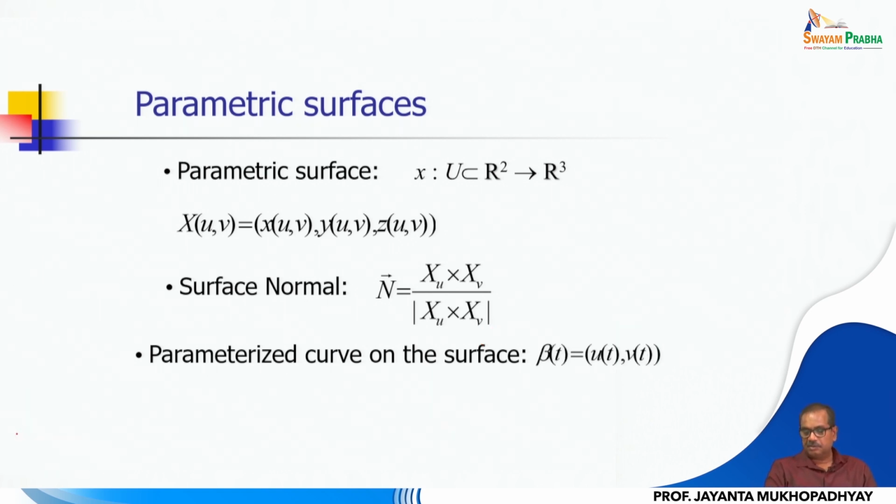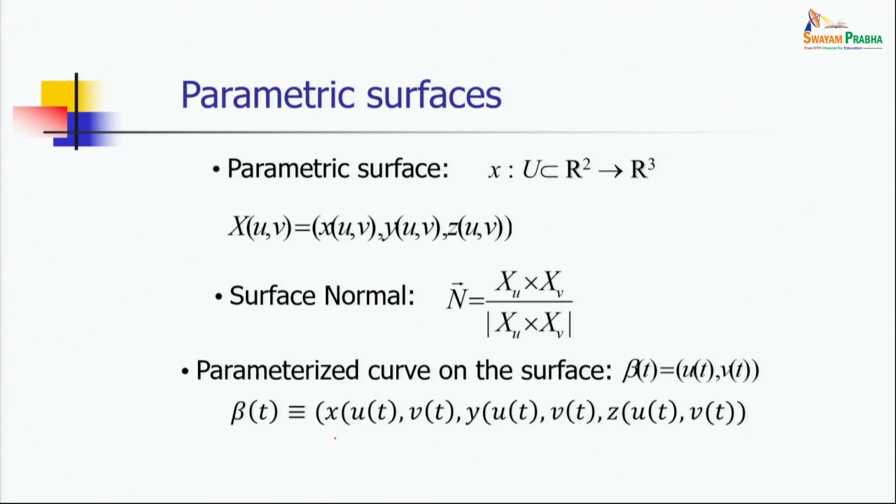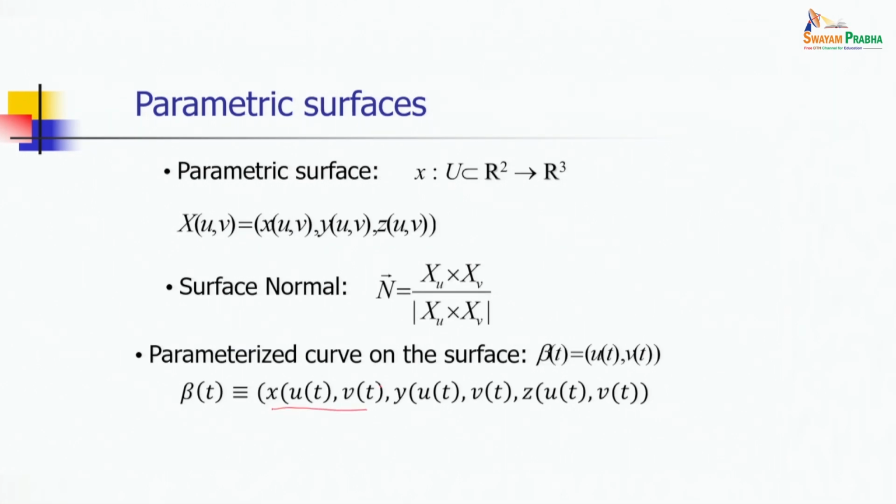So as I was mentioning, let us consider once again u and v as functions of t, which I am expressing in this form u(t), v(t), following the similar notation. So finally a parametric curve lying on that surface is given by these coordinates: this is the coordinate x, and this is y and z.